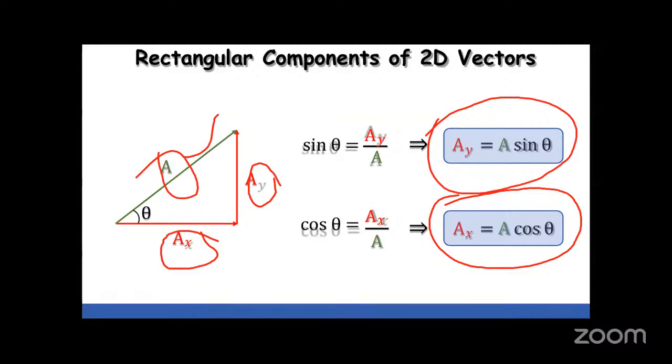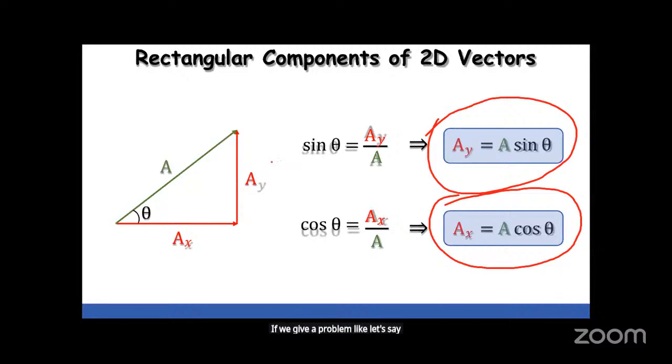So for instance, you could be given problems like, let's say the angle here is 30 degrees, and then here you have 5 meters.